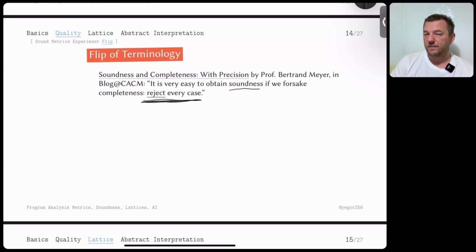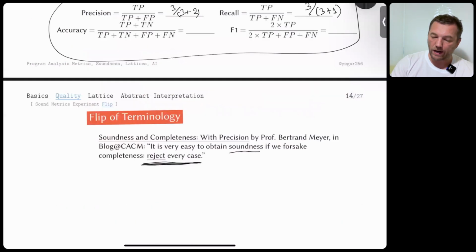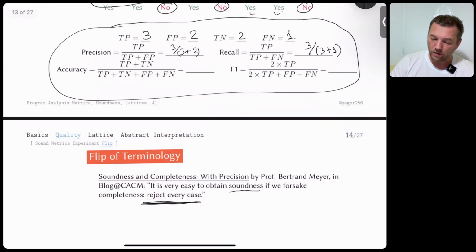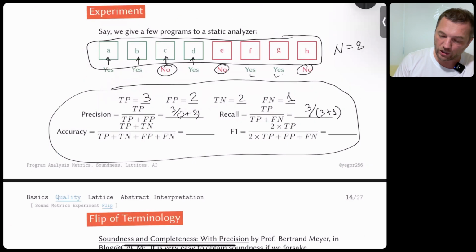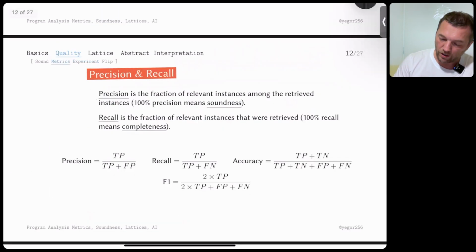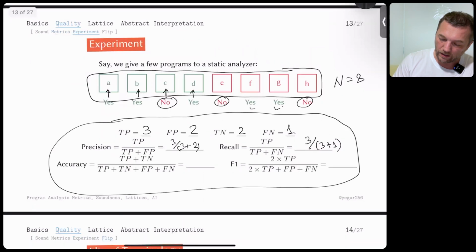Reject every case. But in our understanding here, sound means, let's recall this, the precision must be 100%. So in order to make our analyzer sound, we need to have false positives equal to 0.